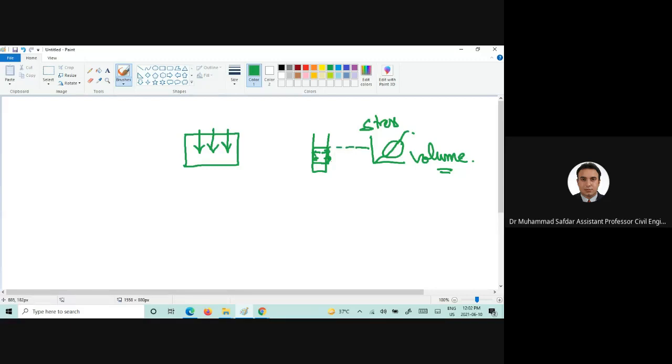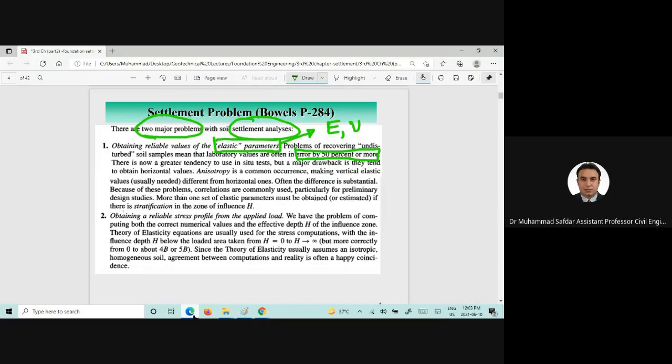So if you see here, the stresses are applied in the horizontal direction to the soil. However, we are interested in the settlement of the soil layer in the vertical direction, and we all know that the soil modulus of elasticity will be different in this direction and in the horizontal direction. So we will highlight those points in today's lecture.